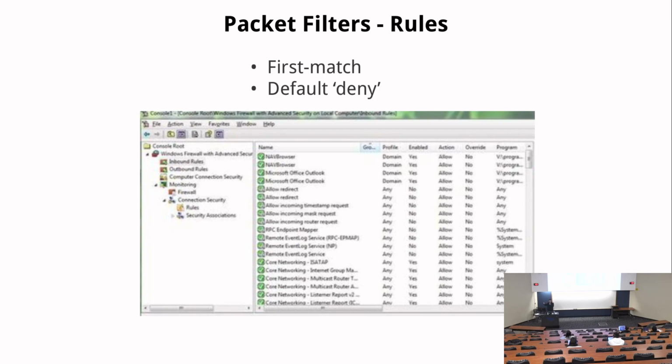Then we go to the first rule to see if this incoming packet is governed by it. If the first rule says this should be allowed, then we allow it. If the first rule didn't say anything, we go to the second rule. Eventually, we may not find any rule talking about this specific packet. In this case, we just deny.